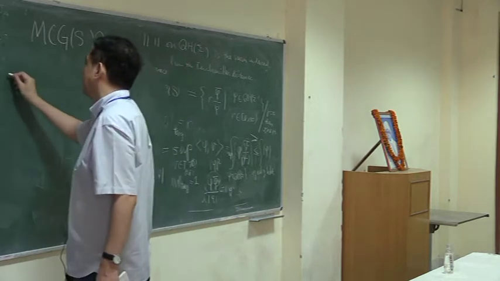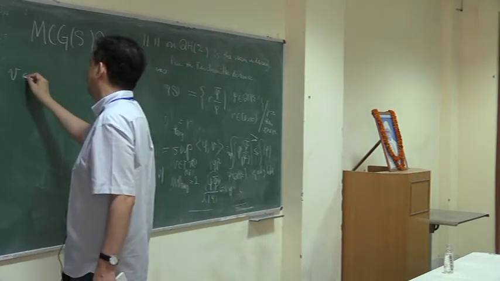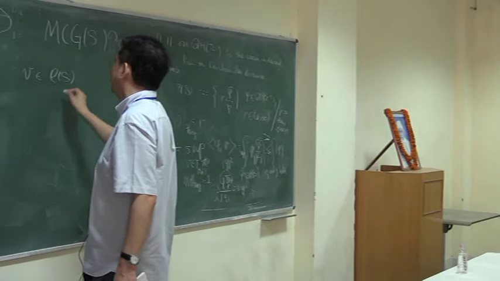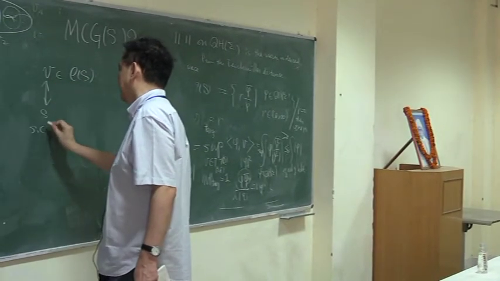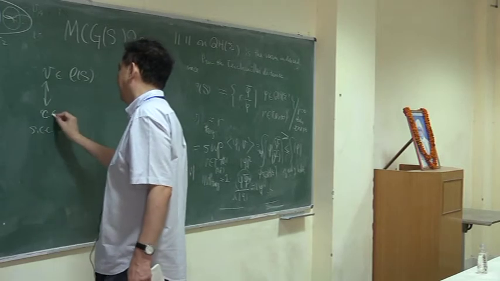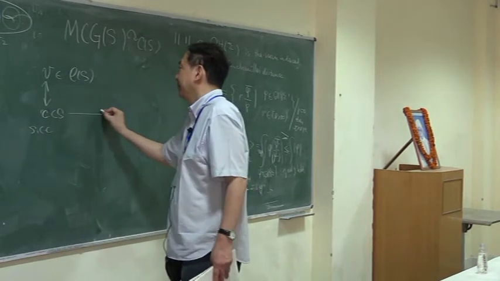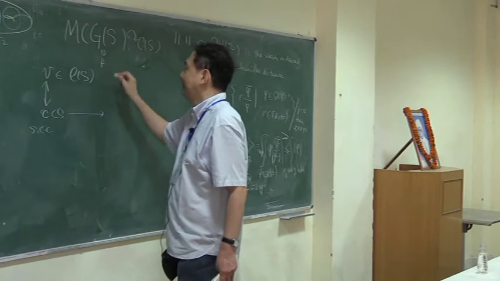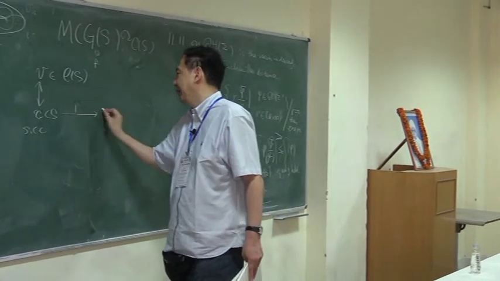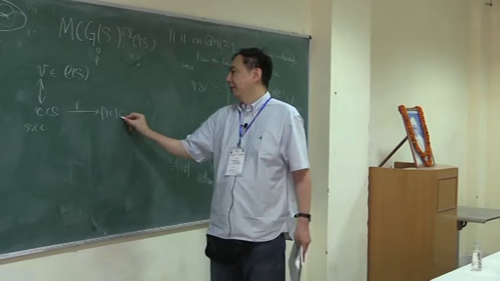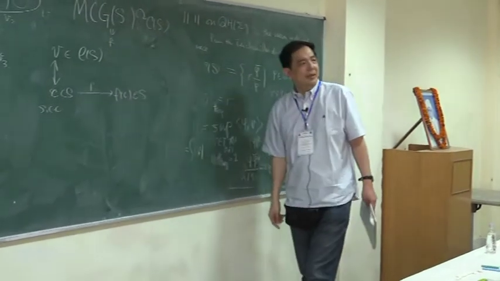So you have a vertex in C(S), then it corresponds to some simple closed curve, probably C, a simple closed curve on S. Then if you have an element f of the mapping class group, then you can send it to another simple curve by that map.